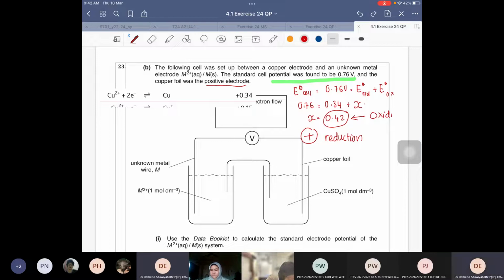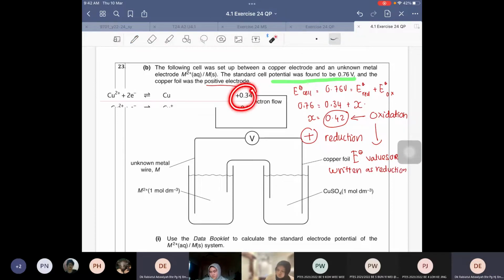That means if we were to write down the E note value, we have to reverse the sign, just like how we reverse the sign when we use the value in the data booklet. E note values are written as reduction, so we want it to be in this form.